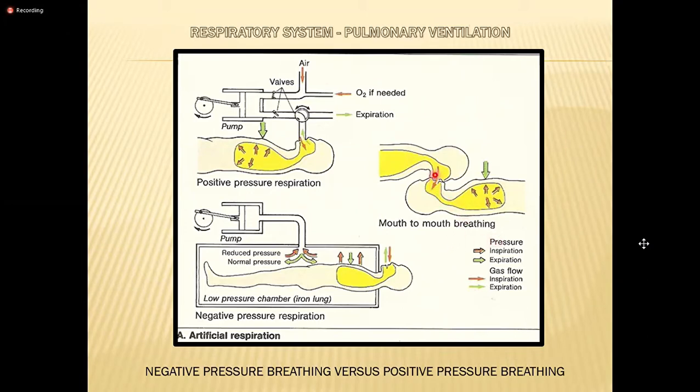You apply air through the mouth and then you apply pressure on the chest with your hand, okay? So that the air will go outside. You blow air into the mouth, then you push. And that is still the principle of positive pressure.